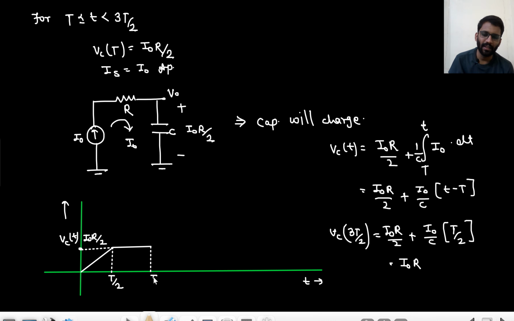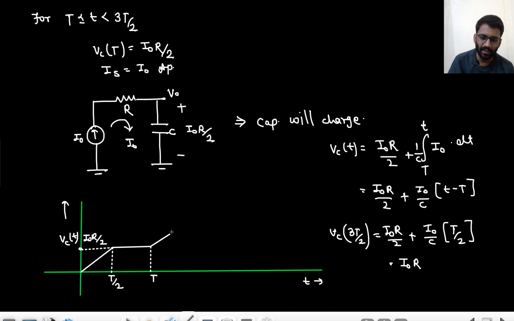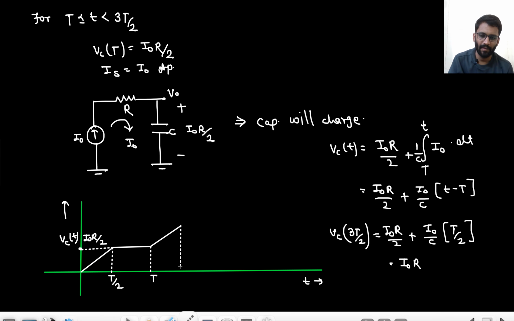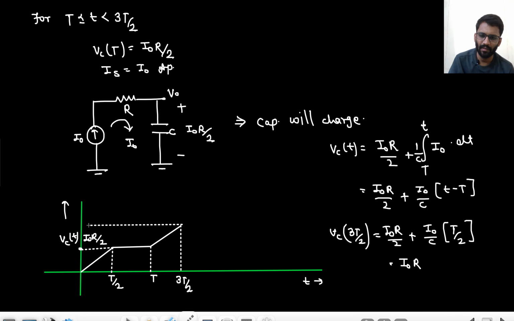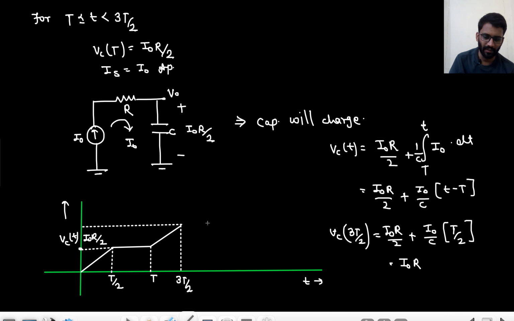Then from T by 2 to T, it is constant. Then from T to 3T by 2, it is developing again more I naught R by 2. So from I naught R by 2, it is developing till I naught R. This is 3T by 2, right? Then for 3T by 2 to 2T, it will again remain constant.